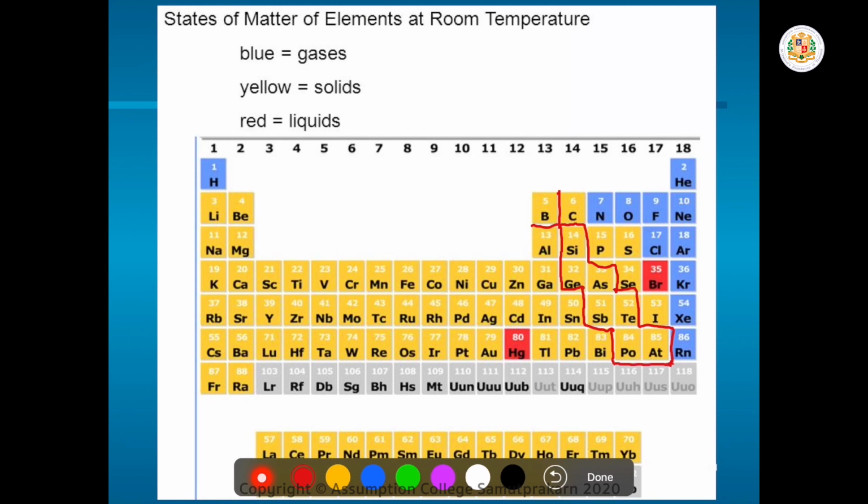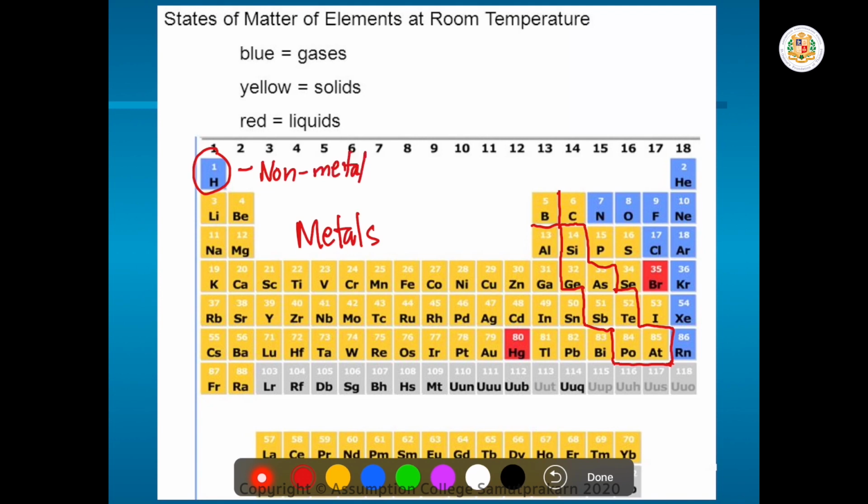Okay, so as we have said before, all the elements on the left hand side of this diagonal line are all metals, with the exception of only one element, atomic number 1, which is hydrogen. Hydrogen is a non-metal. Please don't forget that.